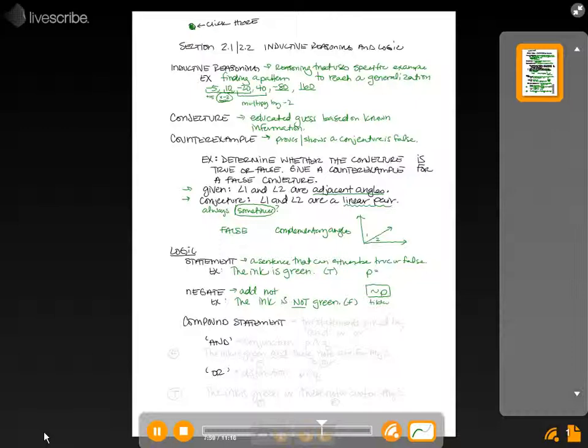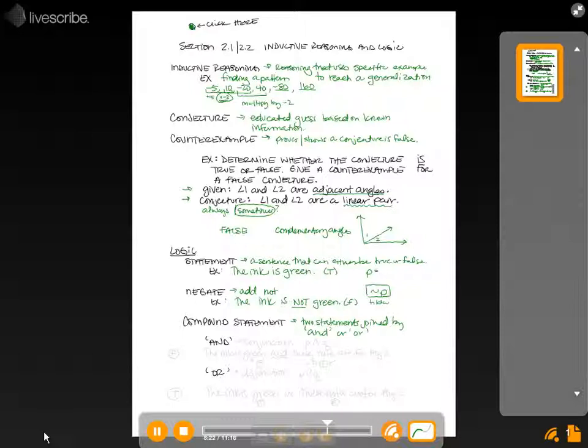The last thing we're going to look at is a compound statement. And compound statements are two statements joined by the words and or, one or the other. Alright, now we've got two different definitions for those.